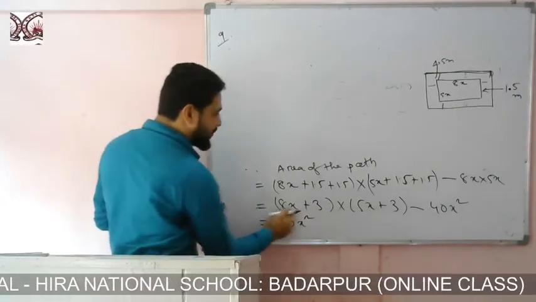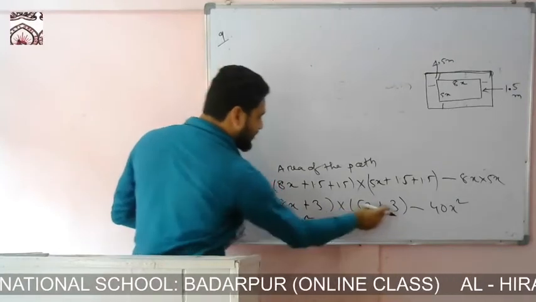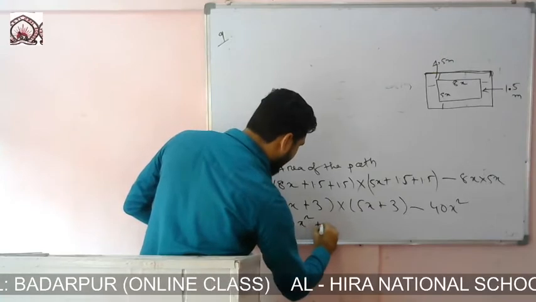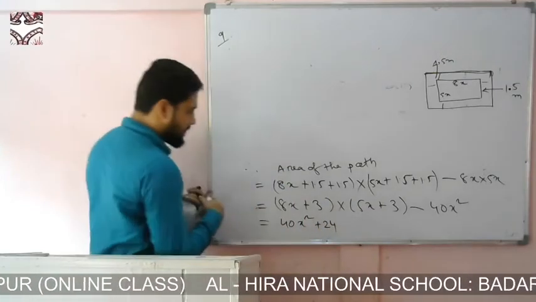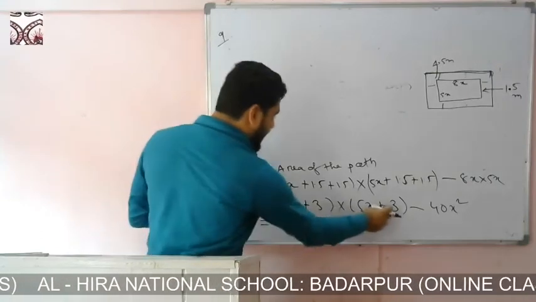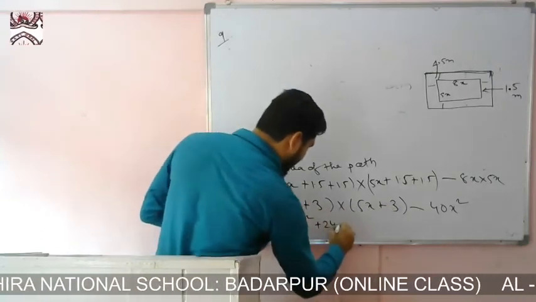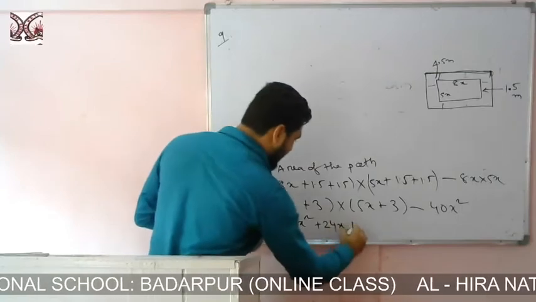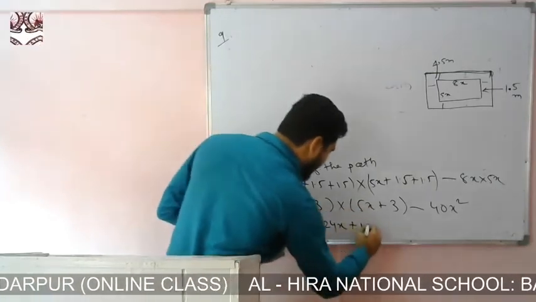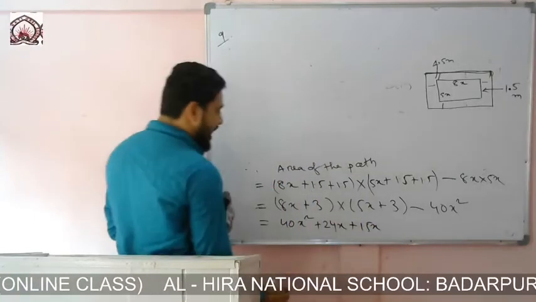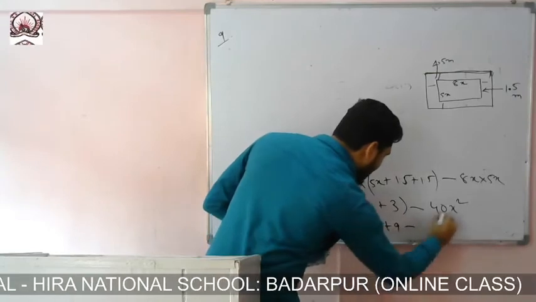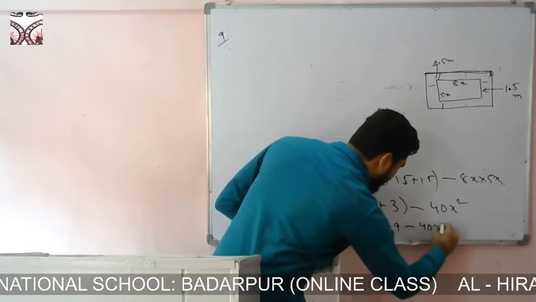After that you have to multiply this one with that one. So 8x into 3: 3 eights are 24, and x is there. After that 3 into 5 is 15, here x is there, that means 15x. After that 3 into 3 is 9, minus 40x square.